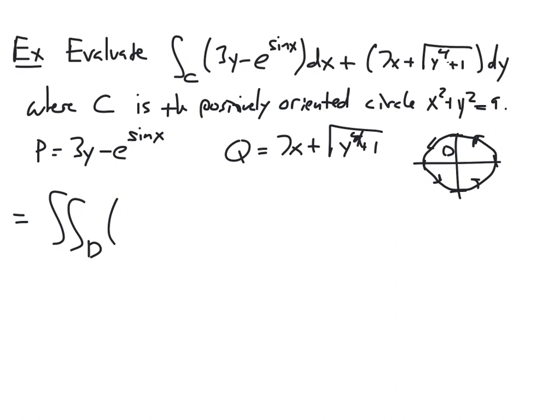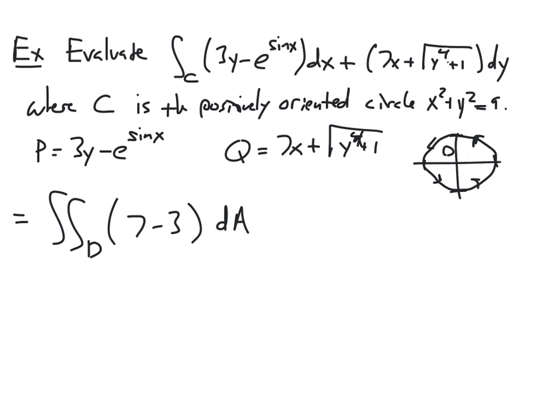When we differentiate Q with respect to x, we get 7. The derivative of P with respect to y is 3. So we saw that as a line integral we had a monstrous function to find the antiderivative of. Here we're going to integrate the constant function 4.